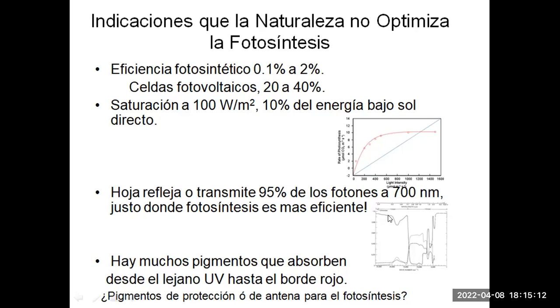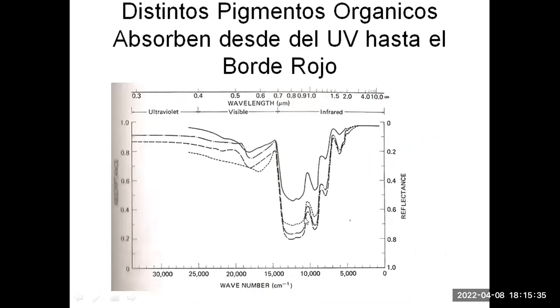So they're collecting light in different wavelength regions and then dissipating this light to the infrared region, which can be used for photosynthesis at about 680 to 700 nanometers. So there are many indications that nature is not optimizing photosynthesis, but in fact, it seems to be optimizing the dissipation of light in all wavelength regions.